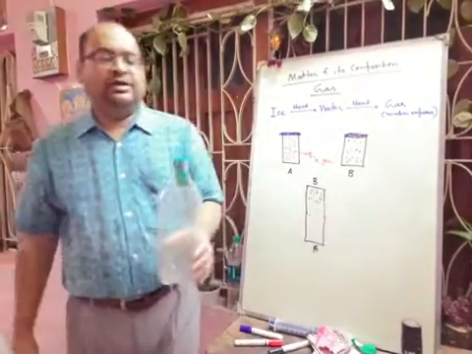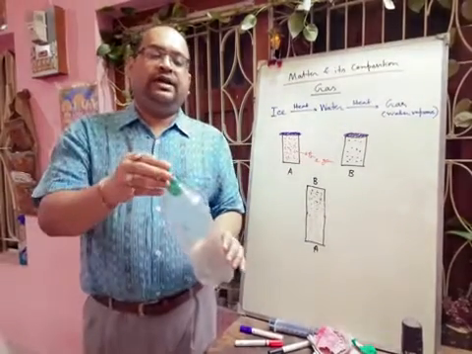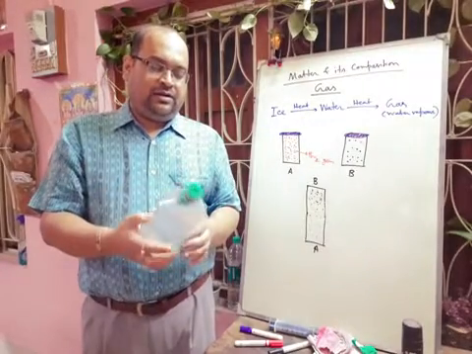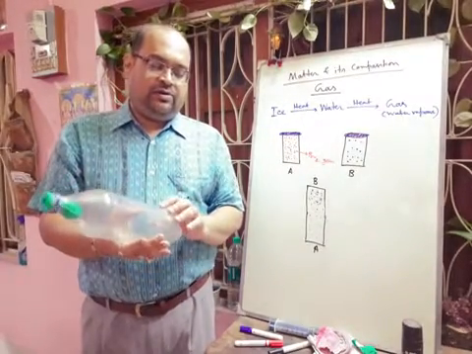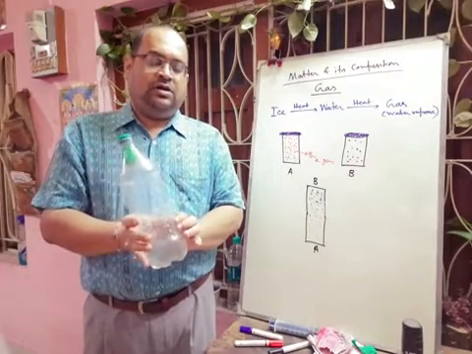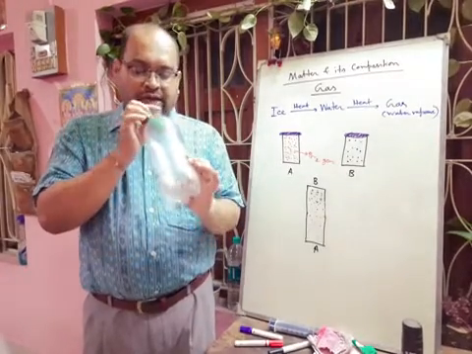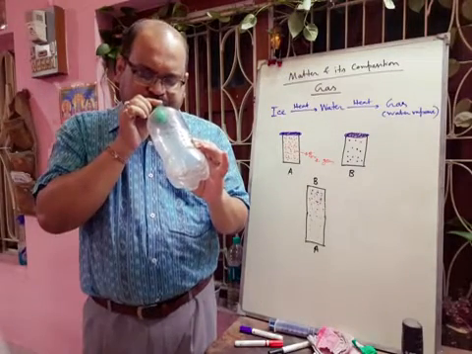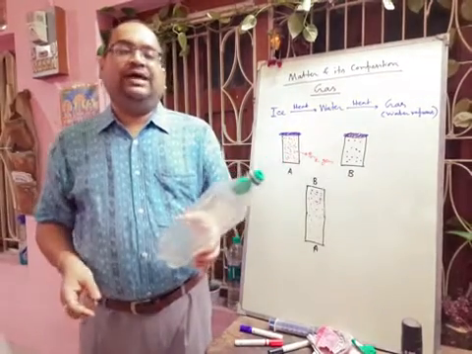Now what will happen if we do the same activity inside a container? Here in the container we have taken one balloon, and we have already made two holes. First we will block this hole and try to inflate the balloon, where it is not possible. Why?